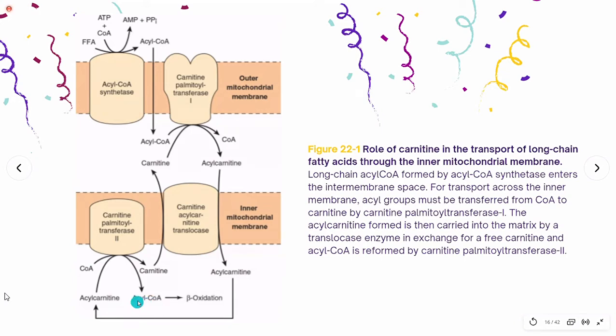It all depends on what is the starting fatty acid. So this goes now into beta oxidation, where it is oxidized by removing 2 carbons at a time, converting the 2 carbons into acetyl-CoA. So that is the role of carnitine in the transport of long-chain fatty acids through the inner mitochondrial membrane. You get it? Okay, so let's proceed.